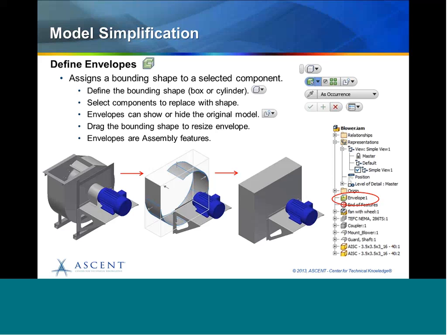As well, you can change the bounding shape to resize the size of the envelope, so a little flexibility there. And finally, once created, it's all stored as an assembly feature. So over in the model browser on the right-hand side here, you can see that this envelope has been created. It exists in my assembly, at the assembly level. So it's an assembly level feature.